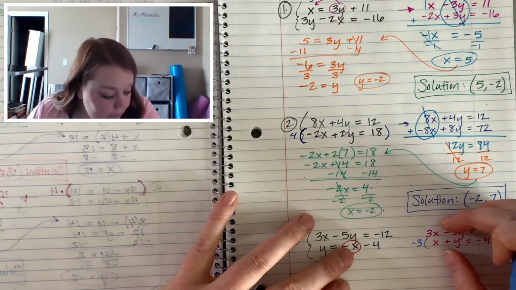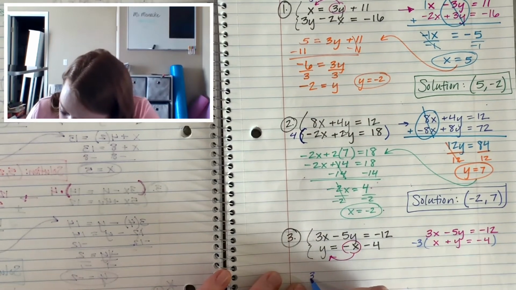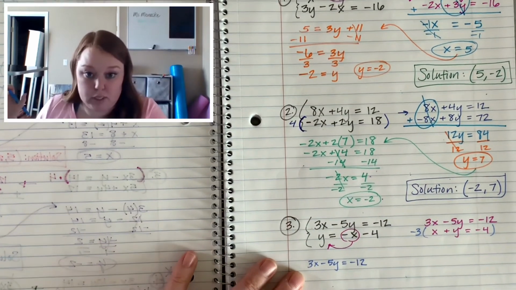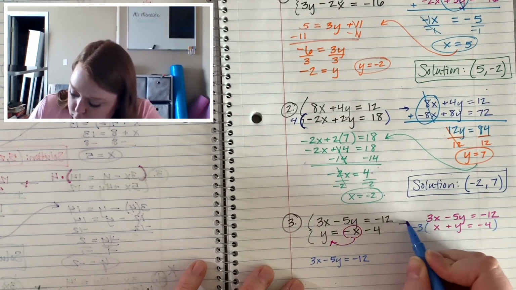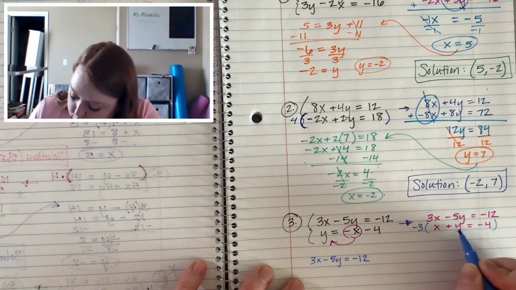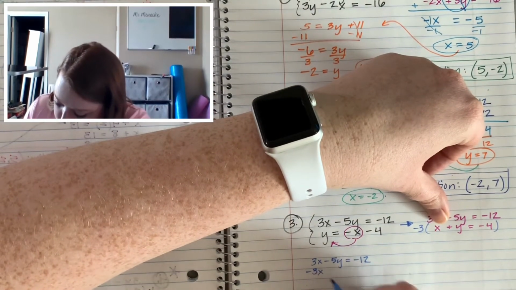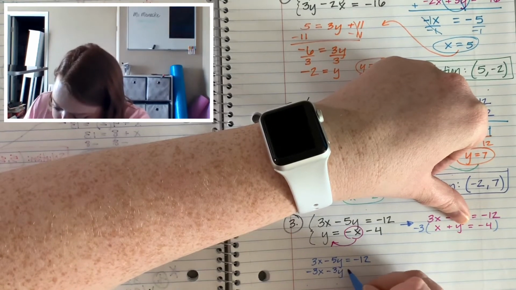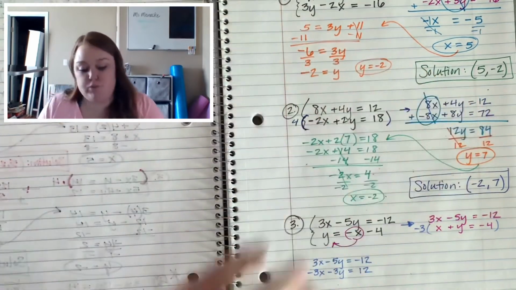So I'm going to rewrite this over here, okay? The 3x minus 5y equals -12. Literally, we're not doing anything to it. Everything in this bottom row needs to be times by -3. -3 times x is -3x. -3 times y is -3y. -3 times -4, +12.